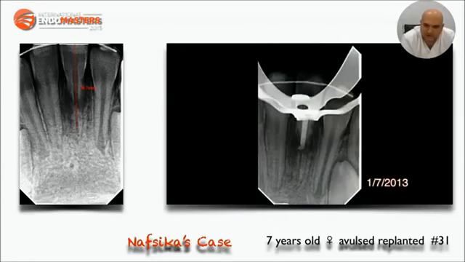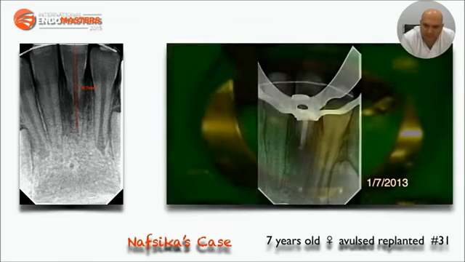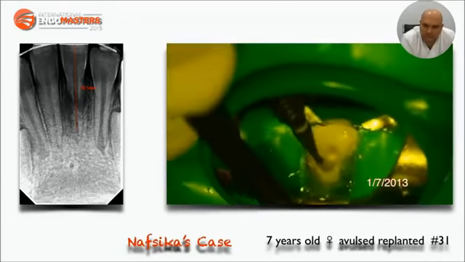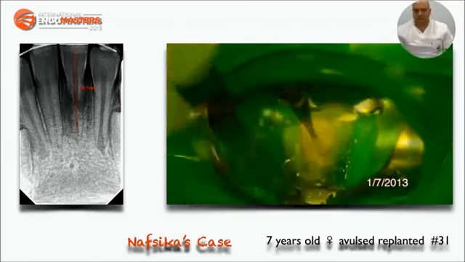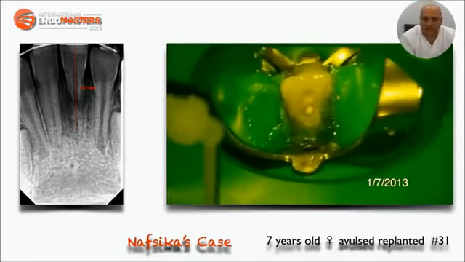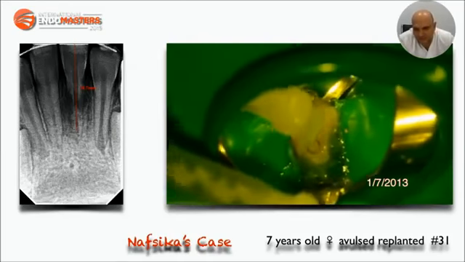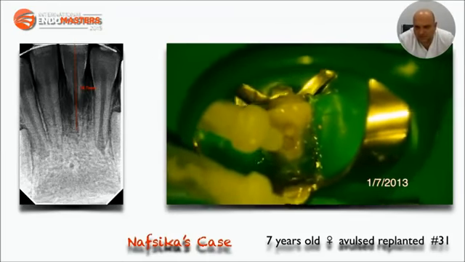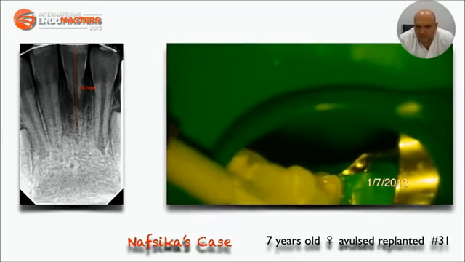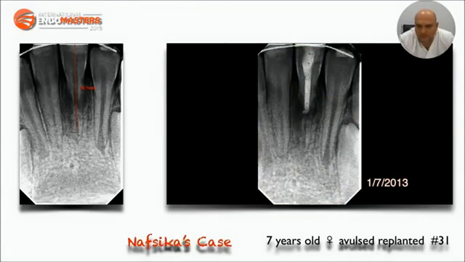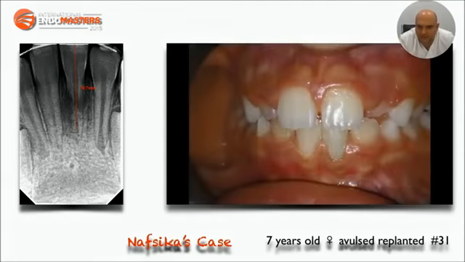This is the radiographic image of my effort, and in the same appointment some composite resin restoration. This is all that I did in little Nafsika's case. Cleaned the wide canal with negative pressure irrigation with sodium hypochlorite and induced bleeding and placed MTA.